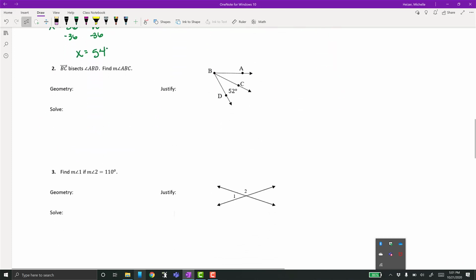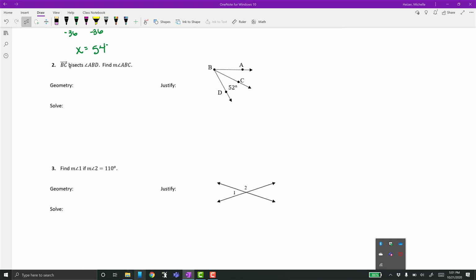So in number 2, BC bisects. There's our keyword right here, bisects. ABD. So BC bisecting ABD means that this top piece is the same as that bottom piece. Okay? Those would be equal. So our geometry here is going to be angle ABC is equal or congruent to angle CBD.